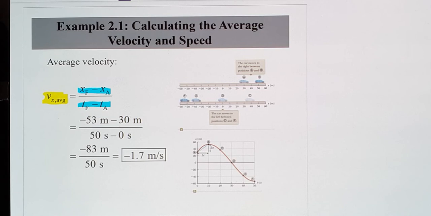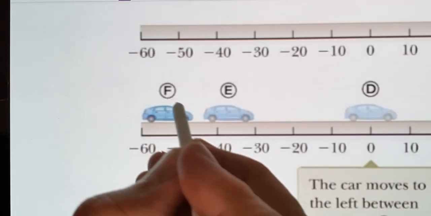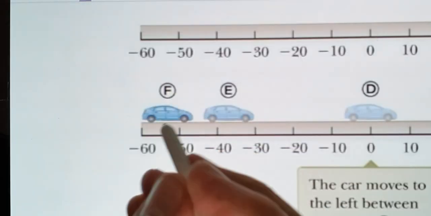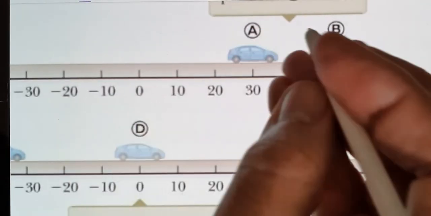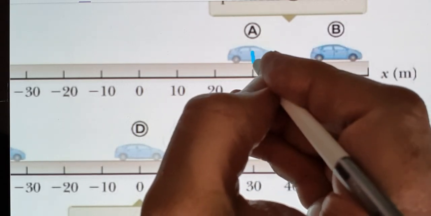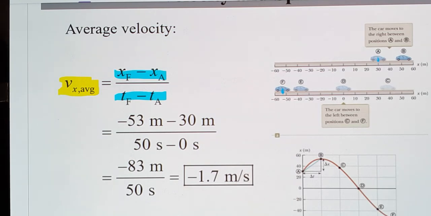X F and X I are the final and initial positions we talked about. Remember the first example, we said we will spend some time here because all the examples after that follow the initial understanding.